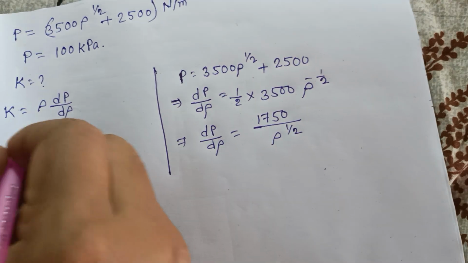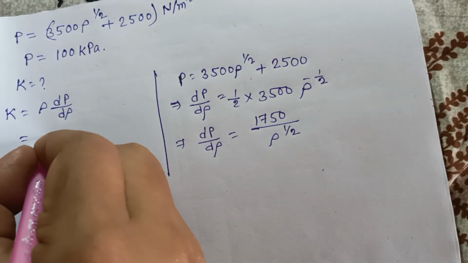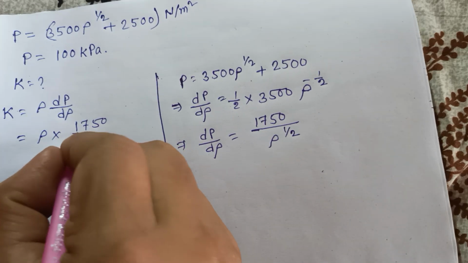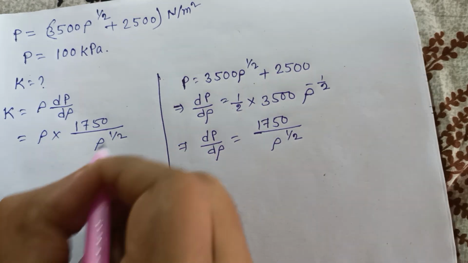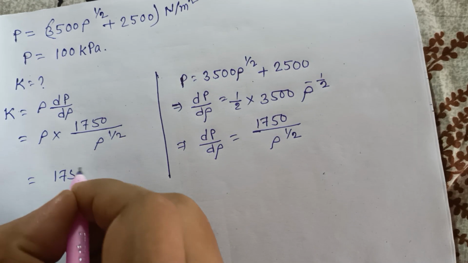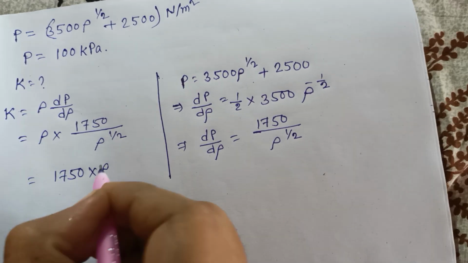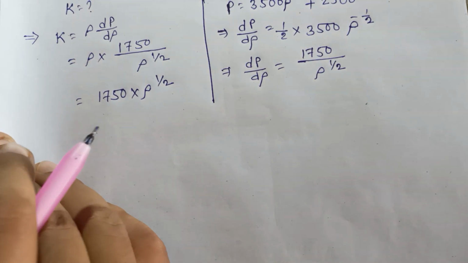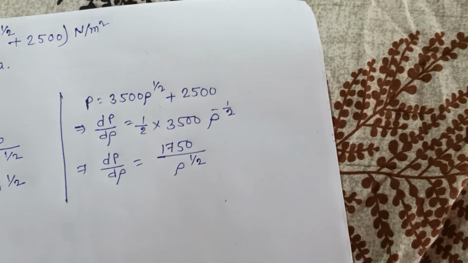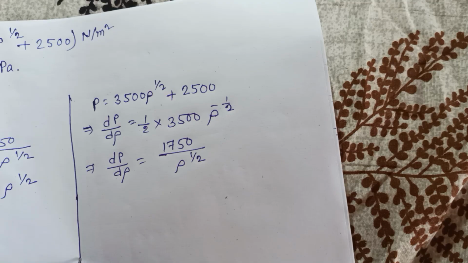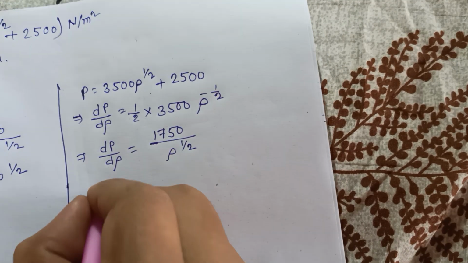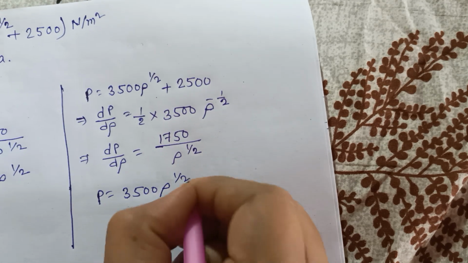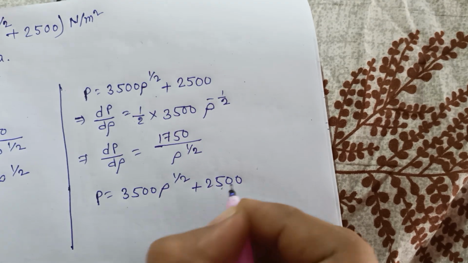Now put the value here. So rho into dP by d rho, that is 1750 divided by rho to the power half, gives 1750 into rho to the power half. We know that P is equal to 3500 rho to the power half plus 2500.